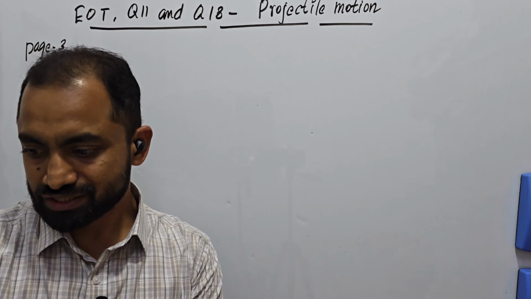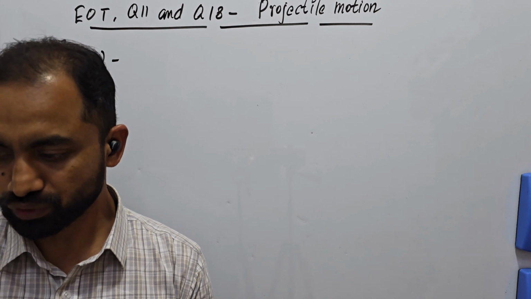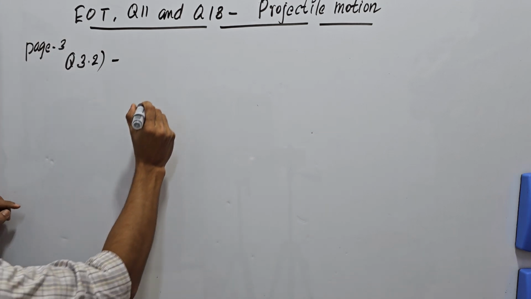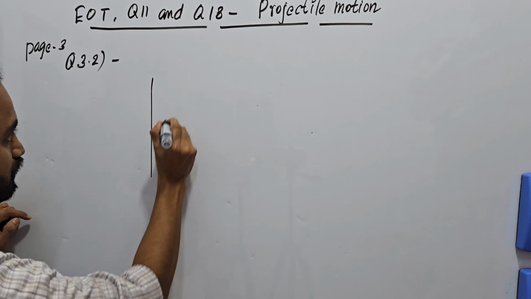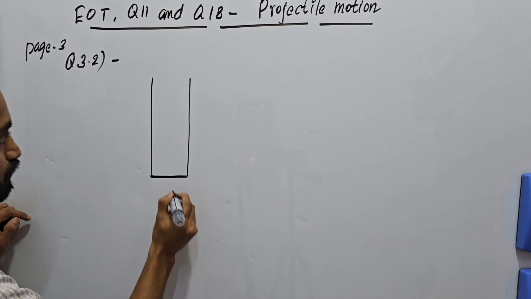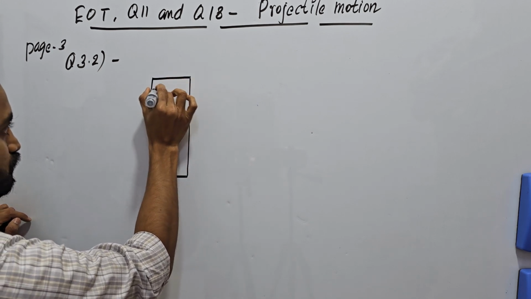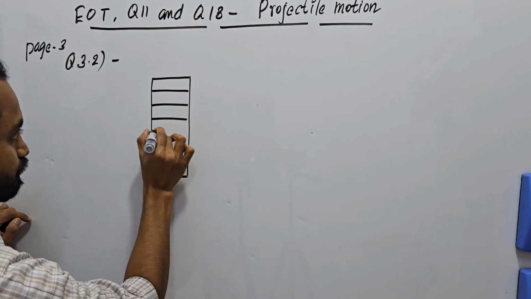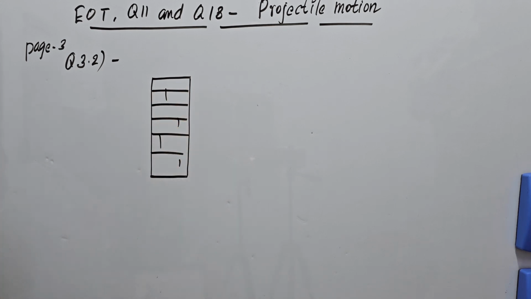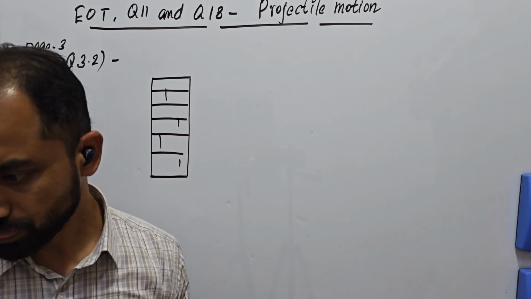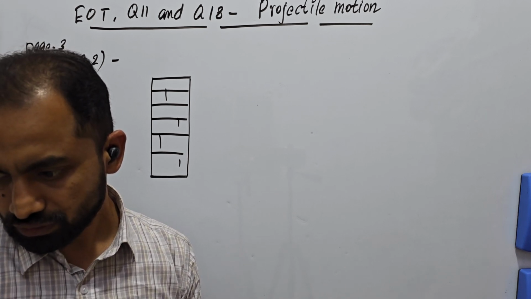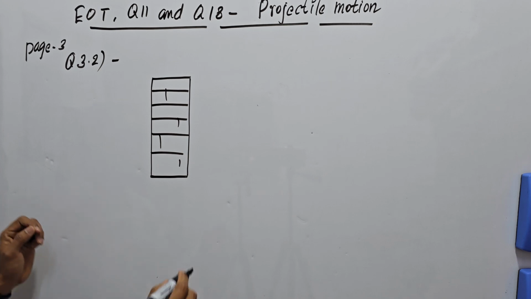A projectile is launched from the top of a building with an initial velocity of 30 meters per second. This is the building. At an angle of 60 degrees above the horizontal.